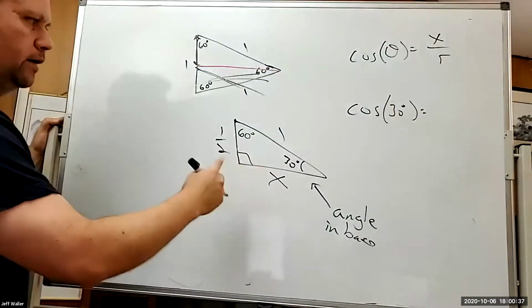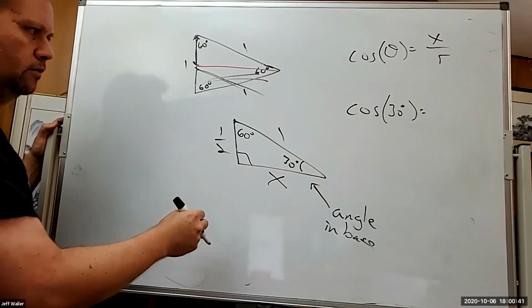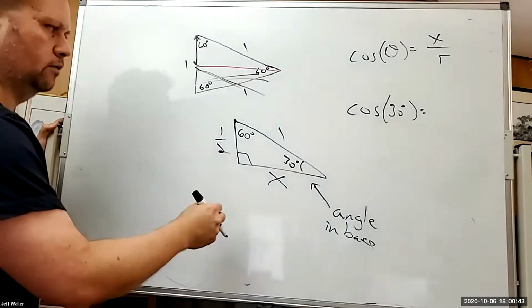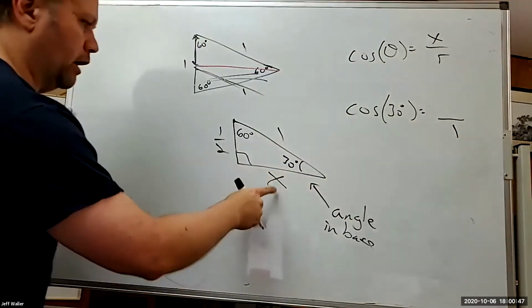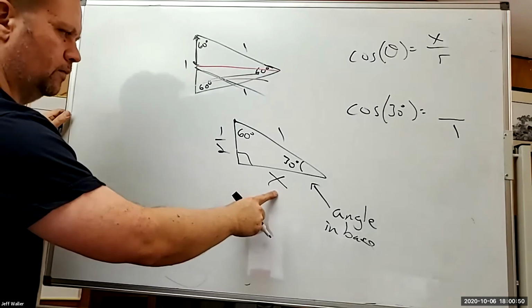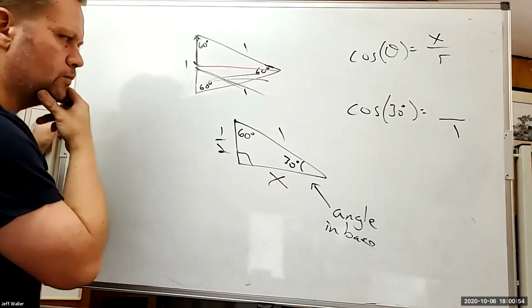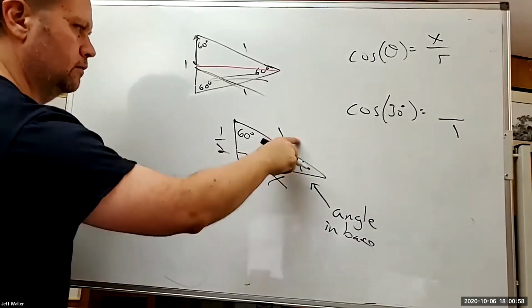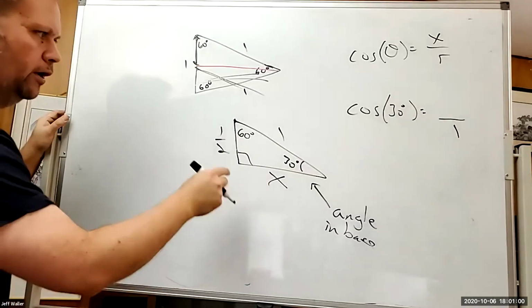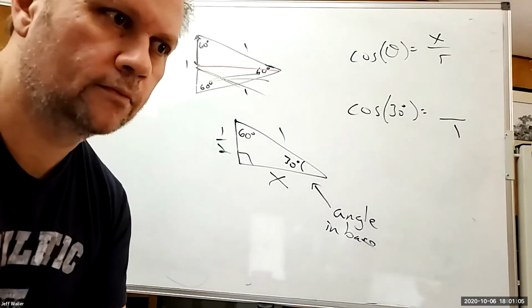What is R in this triangle? R is 1. And how do I figure out what X is? What relates all these? What we were doing earlier. Old Greek, you could use the Pythagorean Theorem.